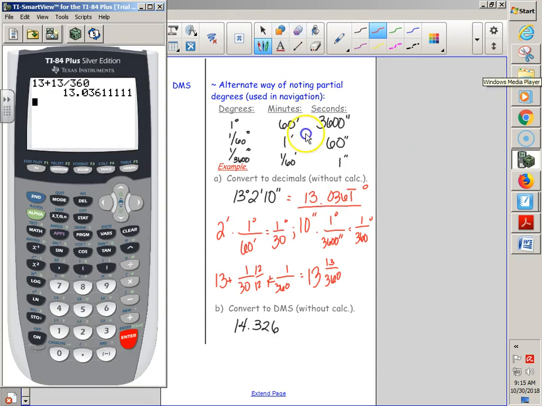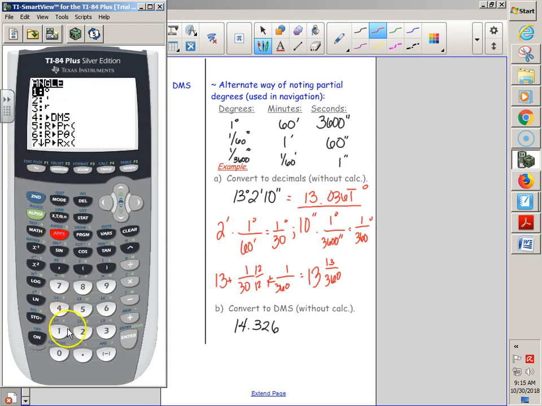Has anybody figured out where the double quotes are on the calculator? Sometimes the calculator won't make a brand new function if there's already something somewhere else. Can anybody find the double quotes anywhere? Here's the 13 degrees, number 1. Here's the 2 minutes. I'm looking for the double quotes. Anybody find them?